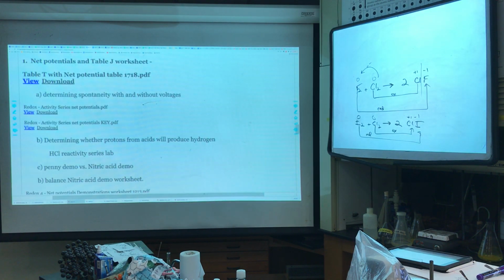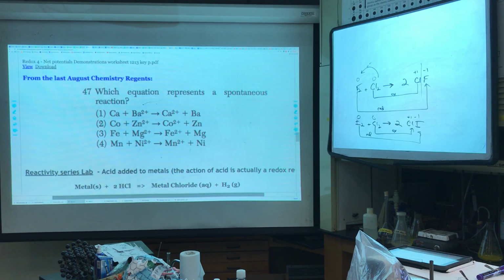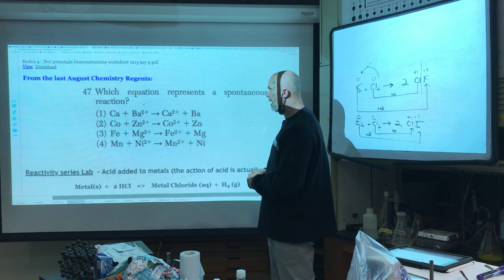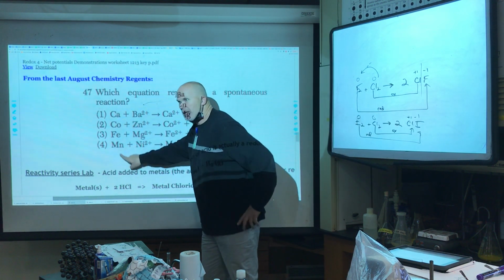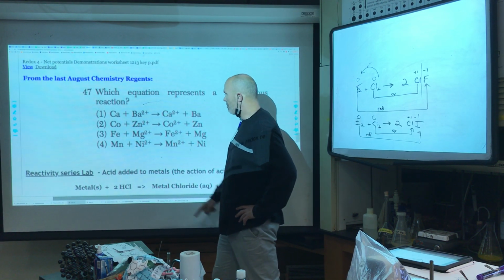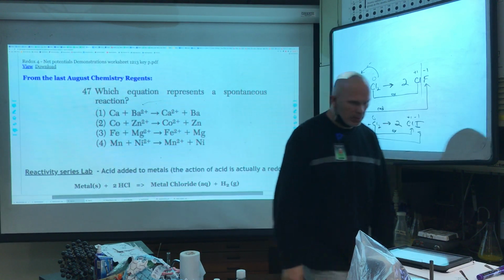Okay, so let's go to a classic AP problem, regions problem. Which equation represents a spontaneous reaction? If it's table J, metals oxidize. Okay? And so I need a metal that oxidizes higher than the one who reduces.